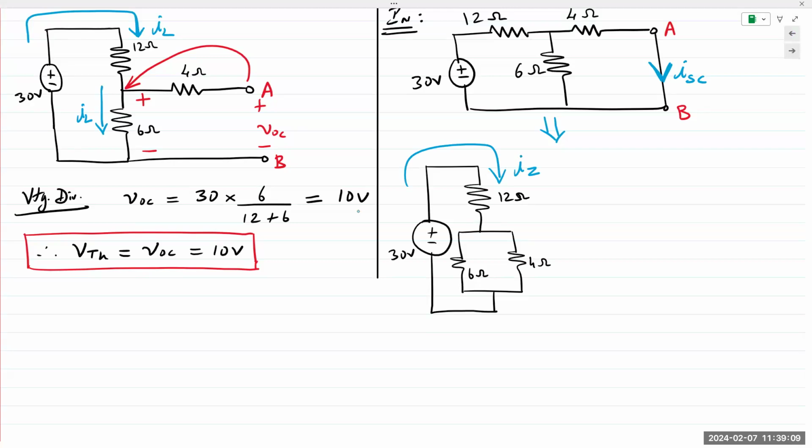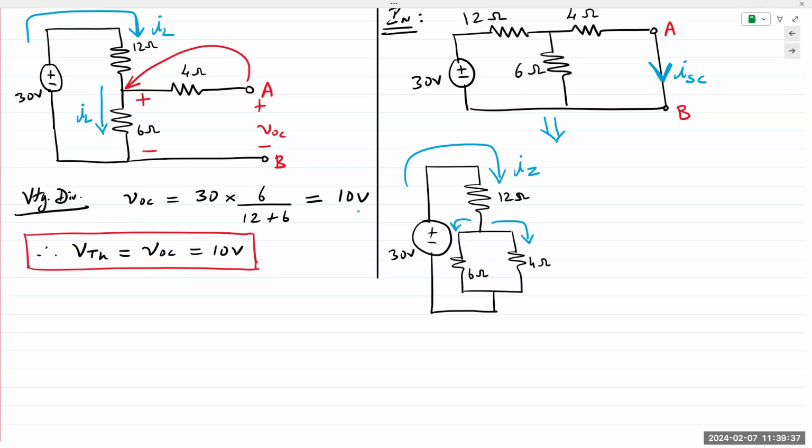IZ comes down from the 12 ohm resistor and it splits in 2. Some of it goes down this way. Some of it goes down the 6 ohm resistor. Make sense? Simply redrawing the circuit in a way that makes sense to me. You can redraw the circuit as many times as you want until it starts making sense to you.